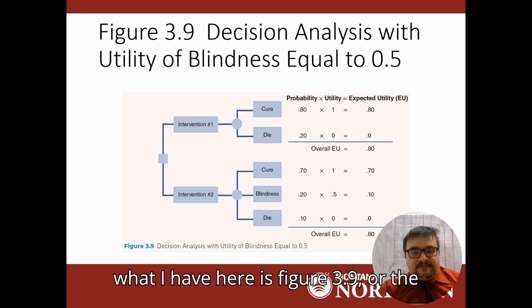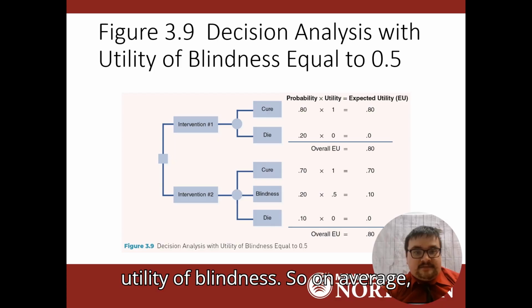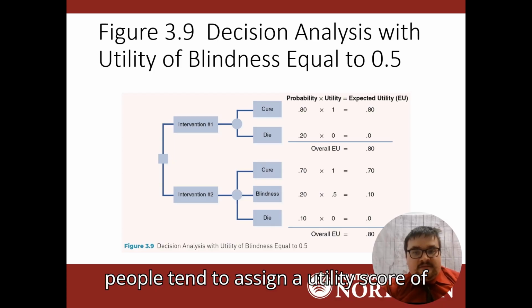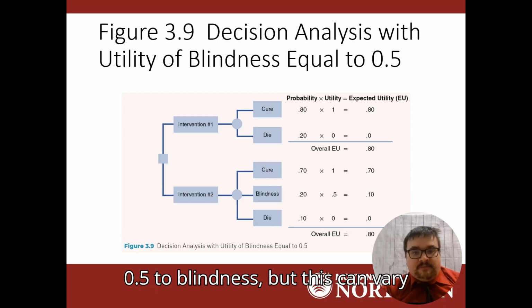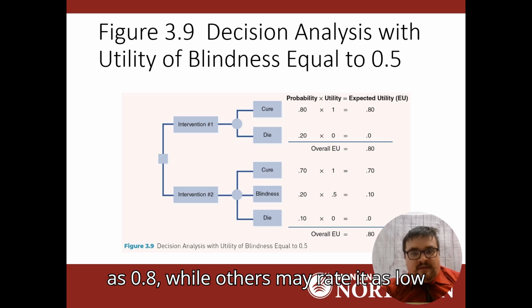All right, so what I have here is figure 3.9, the decision analysis, focusing on the utility of blindness. On average, people tend to assign a utility score of 0.5 to blindness, but this can vary significantly. Some may rate it as high as 0.8, while others may rate it as low as 0.2.